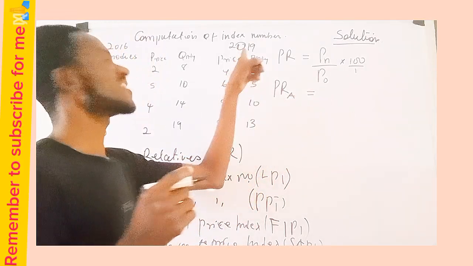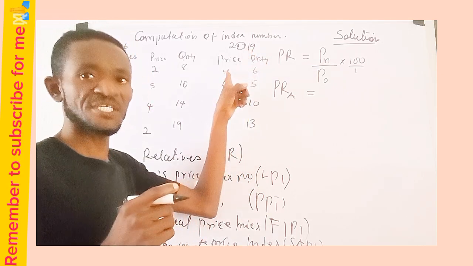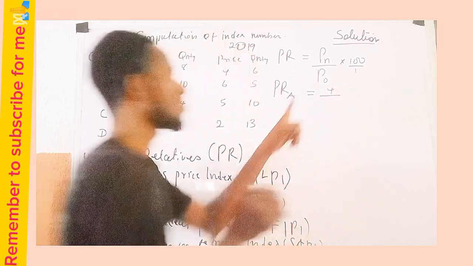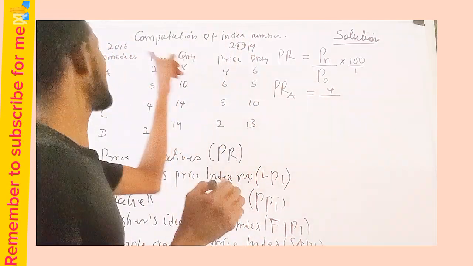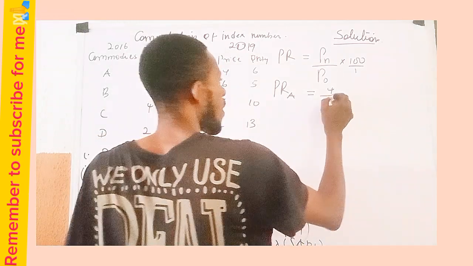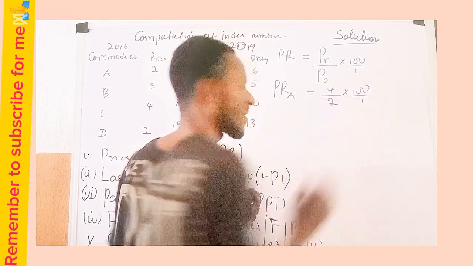Our given year here is 2019, and the price is 4. So I have 4 all over the price of commodity A in the base year, 2016, which is 2. I will say 4 all over 2 multiplied by 100 all over 1.